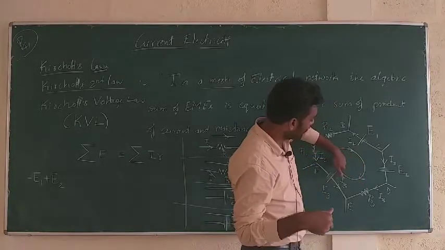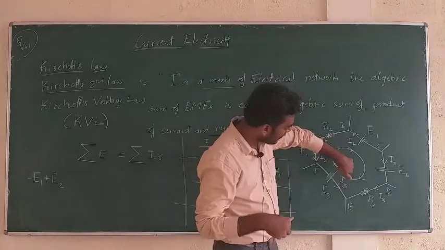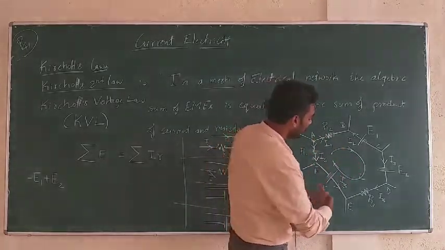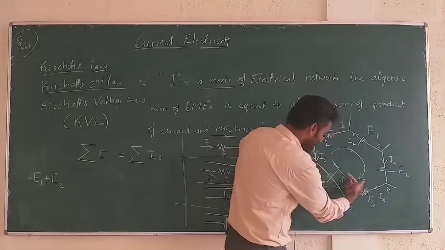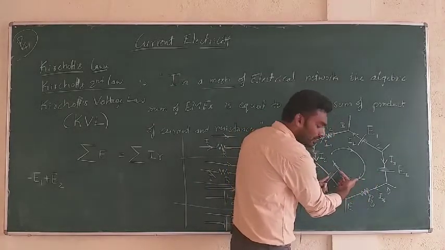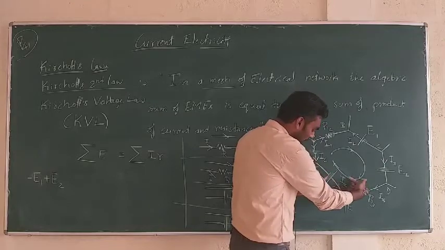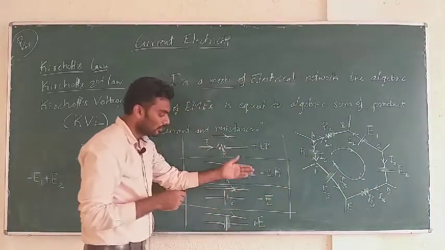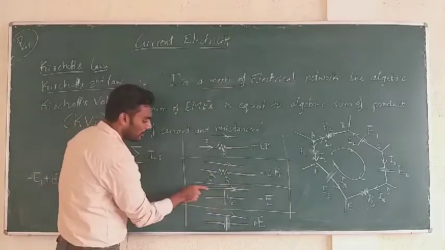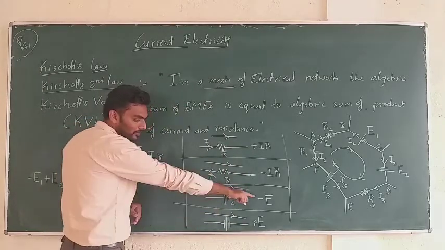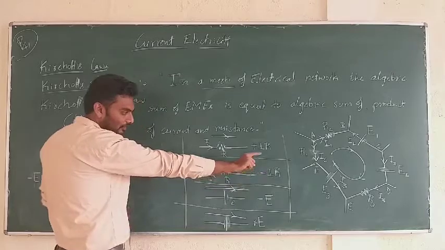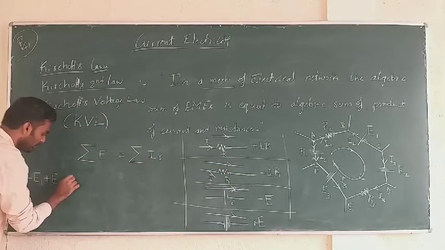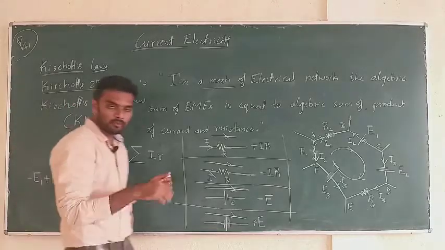Then I see one more cell, and this cell has the EMF E3, and I see the positive terminal of the cell first, isn't it? Since I see the positive terminal in the path of traversal, the EMF E3 should be kept as negative. So it is minus E3, and I move ahead.